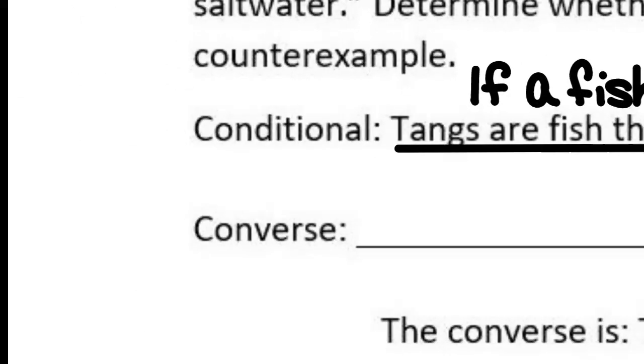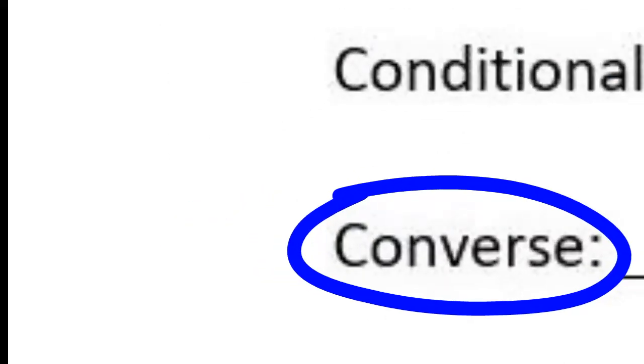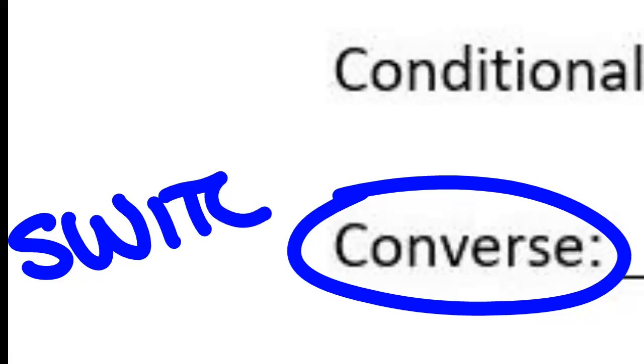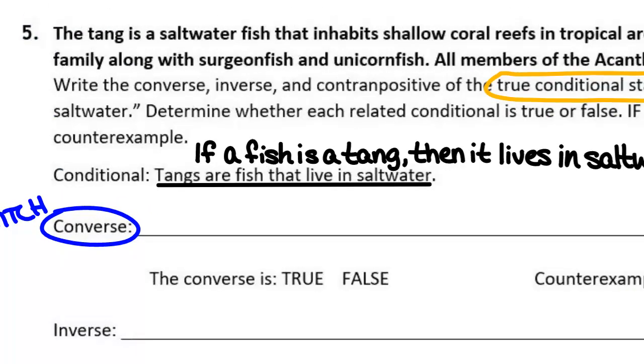I want to take now and write the converse of that. What was the word that we wrote down for converse? Switch. So we're going to switch the hypothesis and the conclusion. So instead of if a fish is a tang, this is going to be what? So what would come after my if? If it lives in salt water.